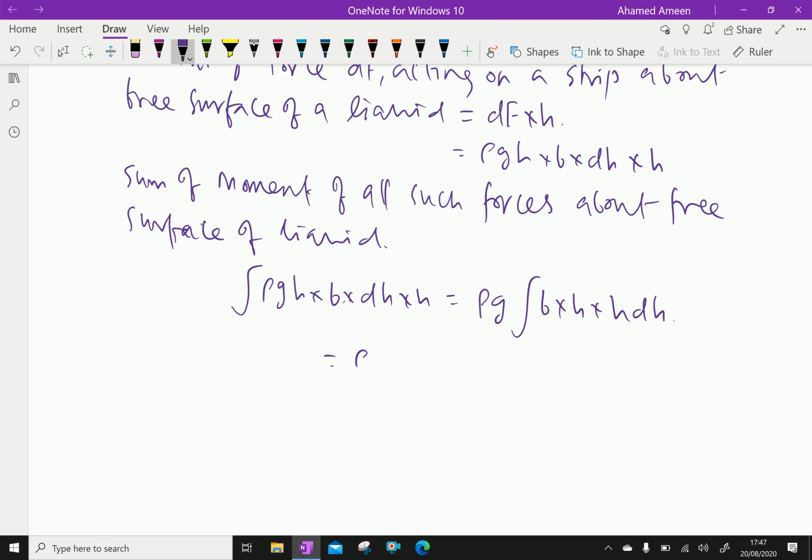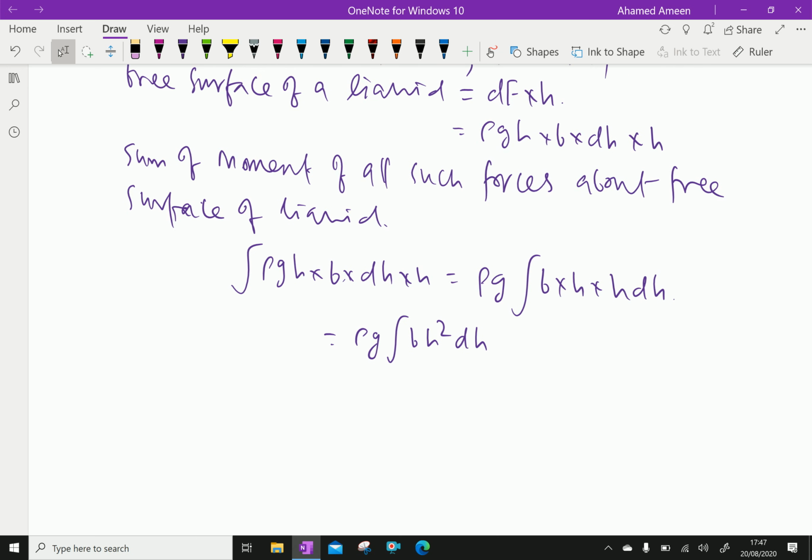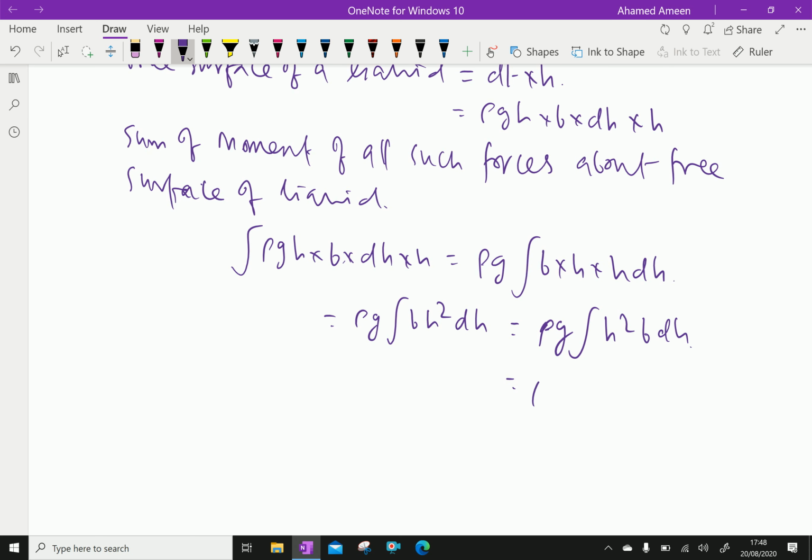Equal to rho g integral b h squared dh, which we write further as rho g integral h squared b dh, which is equal to rho g integral h squared dA.